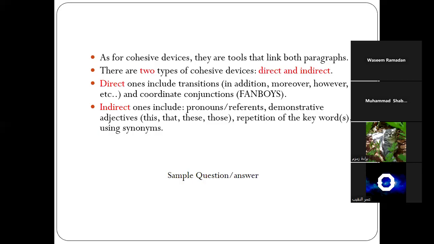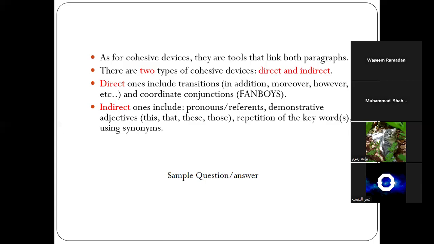We only have to look at how the second paragraph begins. For example, if I want to ask you about the cohesive devices between paragraphs 5 and 7, I look at the beginning of paragraph 7. How it begins, what's the tool, then I decide.